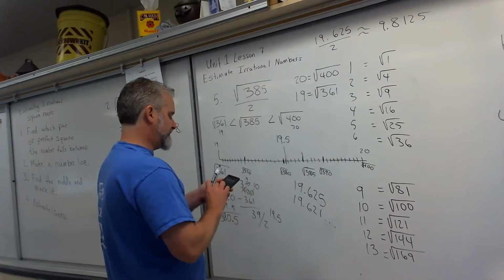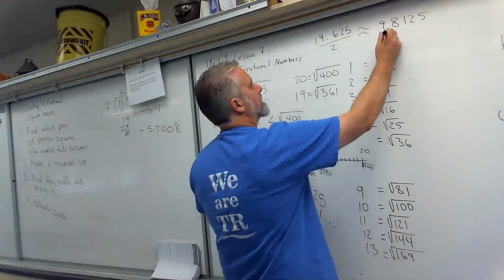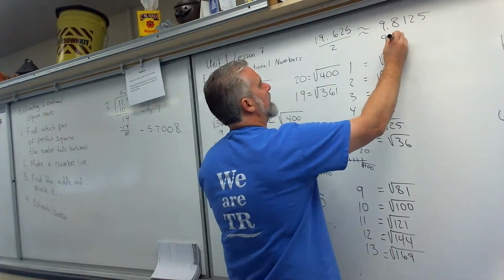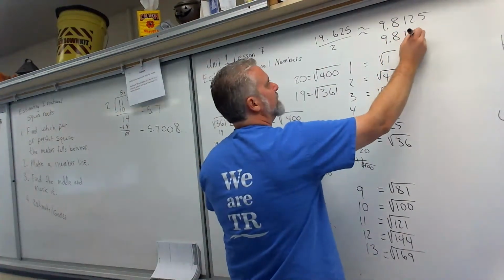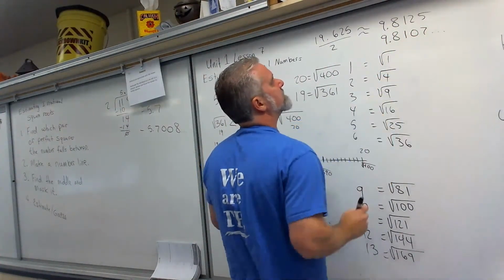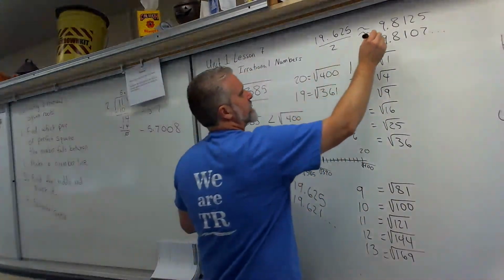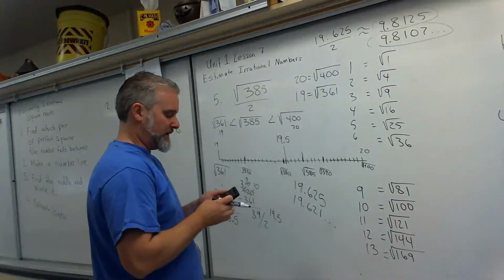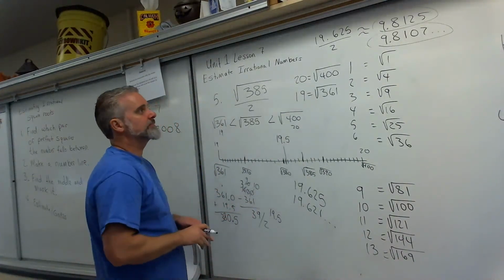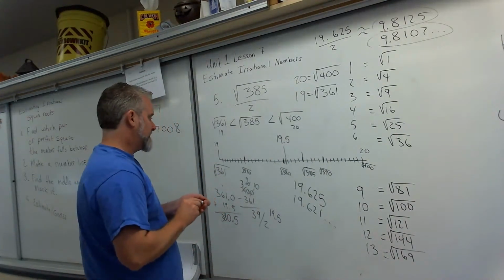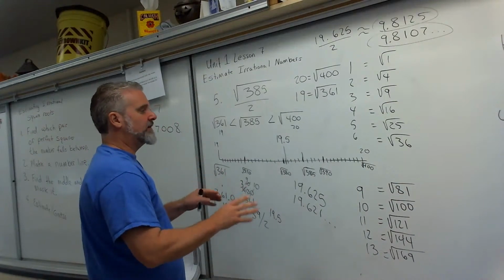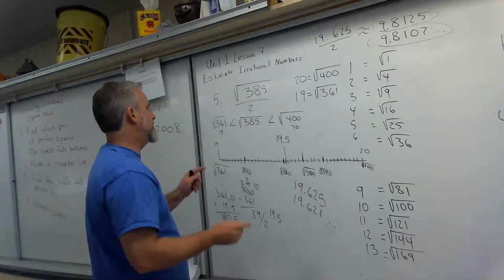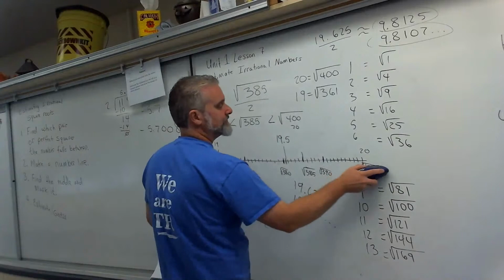Now divide that by 2, and the calculator gives us 9.8107. So here's my estimate, and here's the calculator's digital readout when calculated. Not too bad. So I'm going to go ahead and erase all this, patch up my chart, and then move on to number 6.